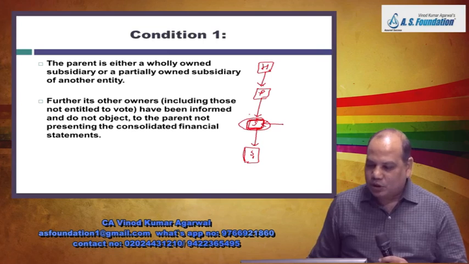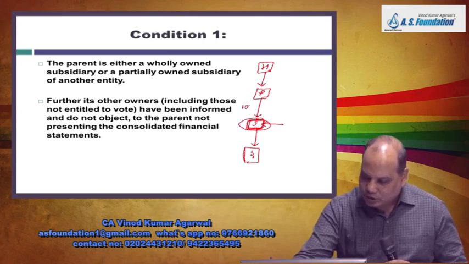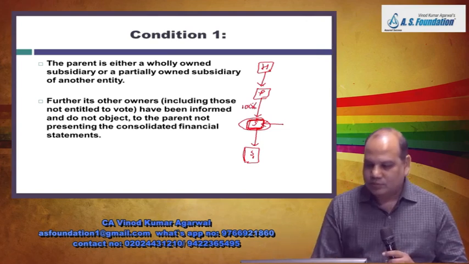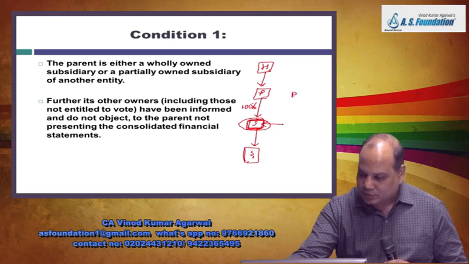Parent is either a wholly owned subsidiary. Suppose P Limited holds 100% share. Or for example, let us say there is another company, this is another example, P1.